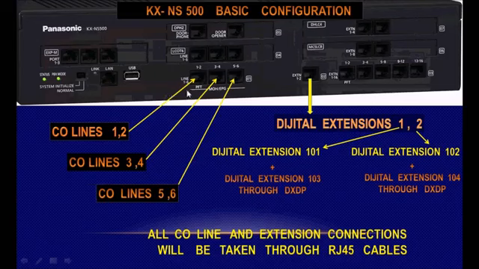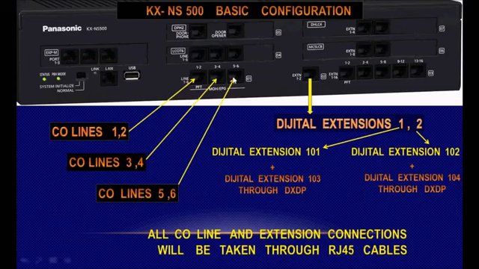We explained that the main unit comes with 6 analog CO line interfaces initially equipped.